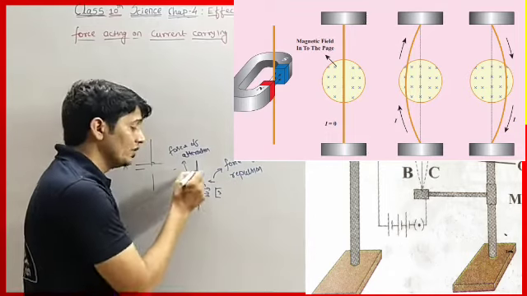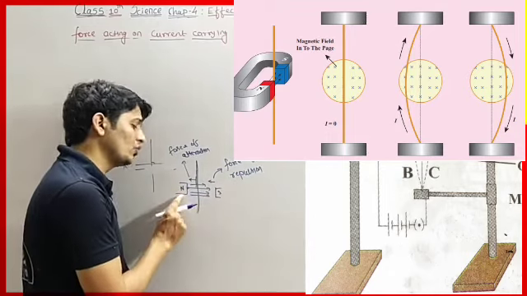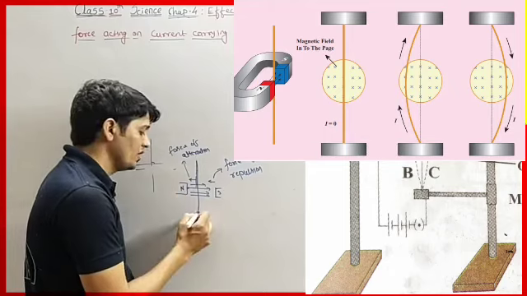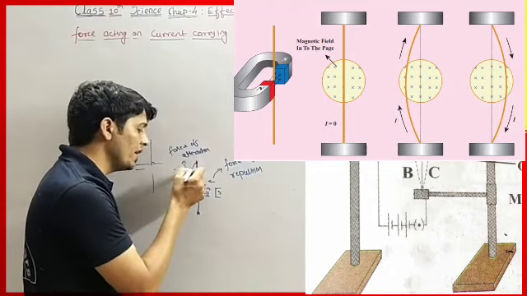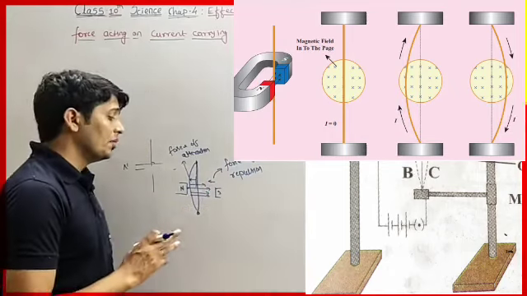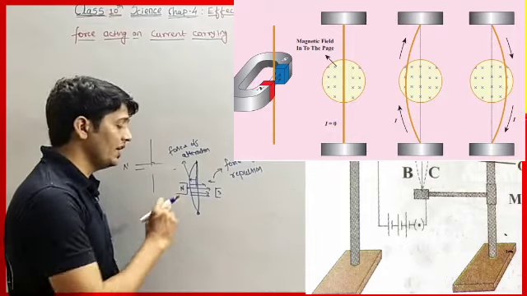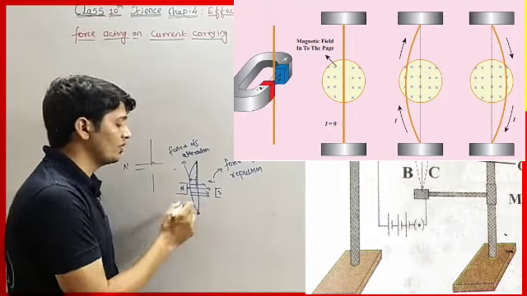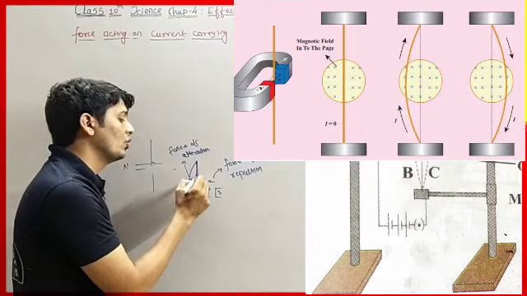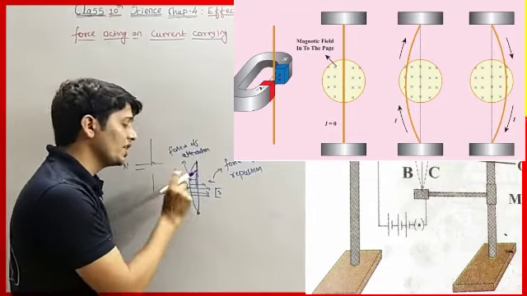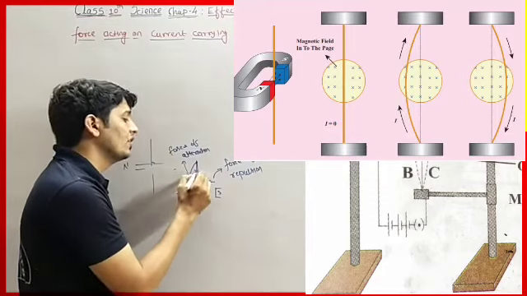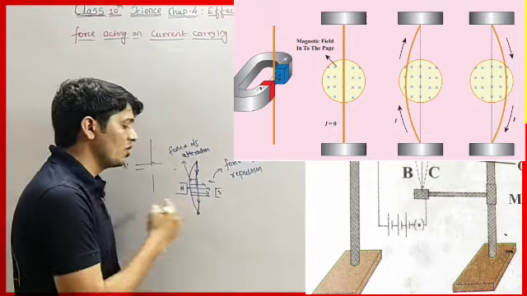At that time the wire will be attracted toward the north. So if it is fixed at one end, it will bend toward the north. But if we change the direction of flow of current, suppose the current was flowing in the upward direction and now we change it, then current will flow in a downward direction.